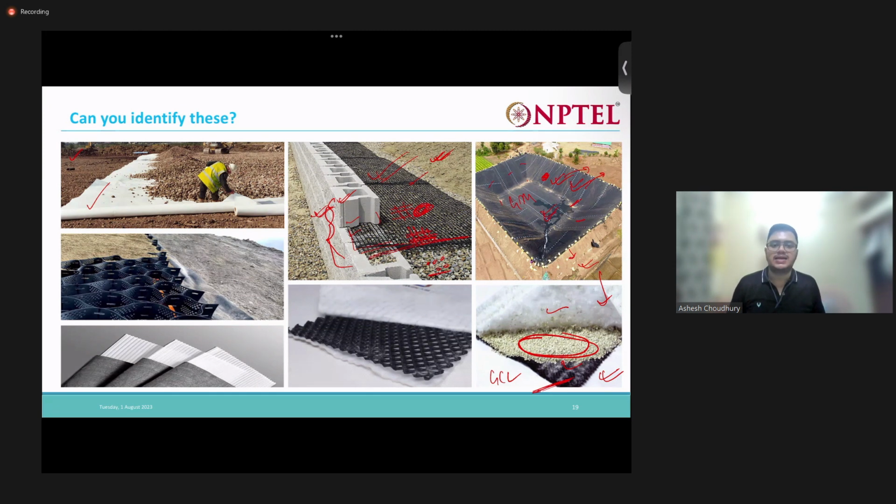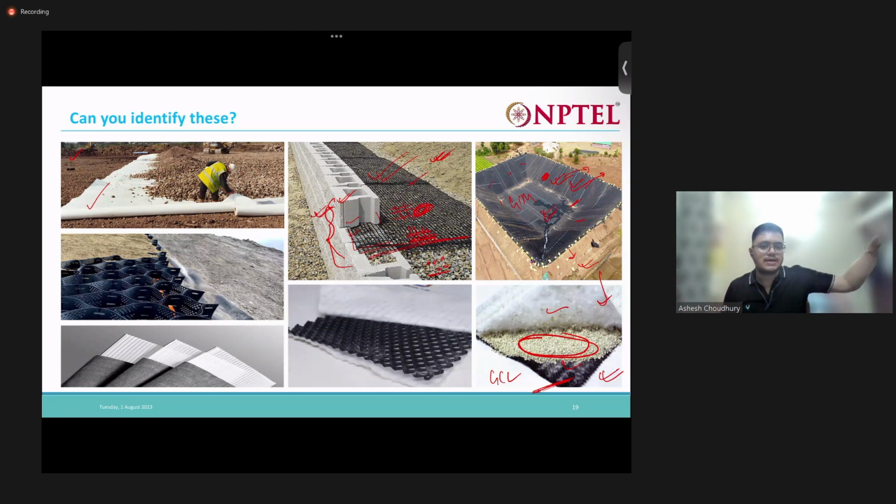Previously, these landfills were not engineered landfills; they used to just take and dump, right? Due to that, the soil around that place used to get contaminated. The main dangerous thing is that the harmful chemicals coming out from this waste would percolate down into the soil and damage the groundwater.